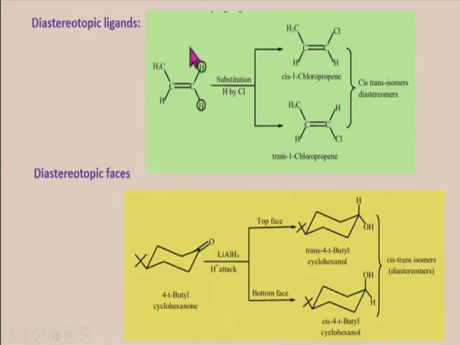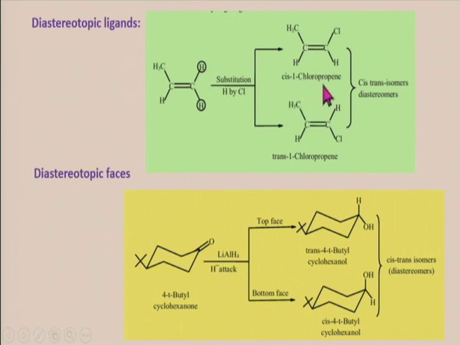Non-superimposable mirror image isomers are called enantiomers, and non-superimposable, non-mirror image isomers are called diastereomers. We get diastereomers when we substitute a hydrogen with chlorine. In this olefinic compound, the labeled hydrogens are replaced with chlorine.